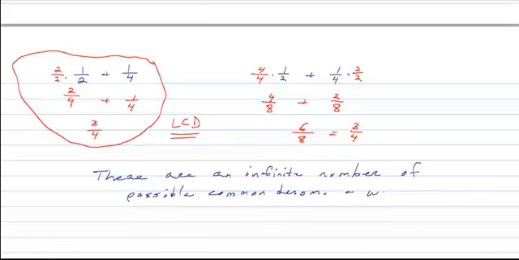But we want the smallest. So suppose I had 5/12 plus 2/15. Of course, we can't add these because they don't have the same denominator. So we want to find the least common denominator. One method of doing that is to make a little chart.